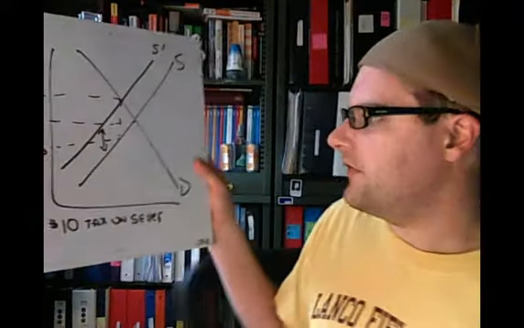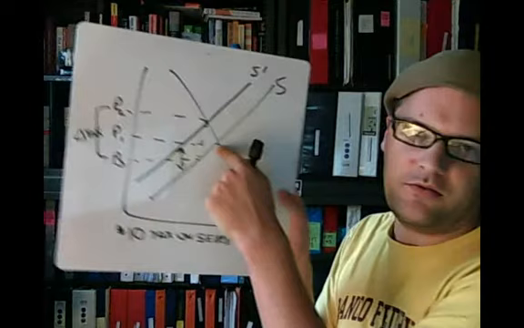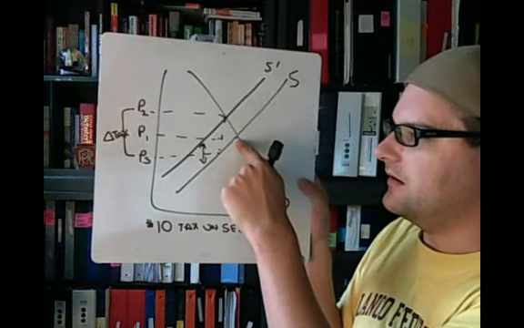It shifts up my supply curve. And what we would see here is P1, P2, P3, right? First, our original equilibrium price was P1. Nothing exciting there.